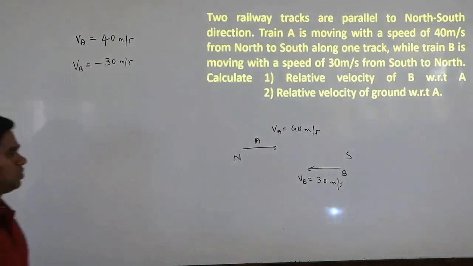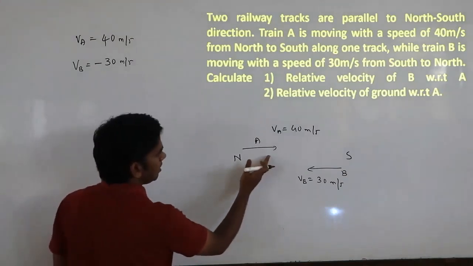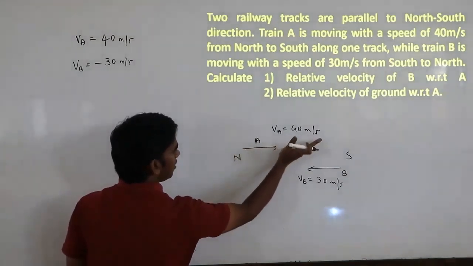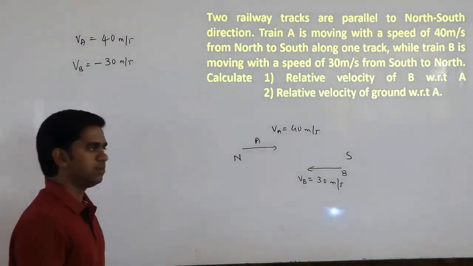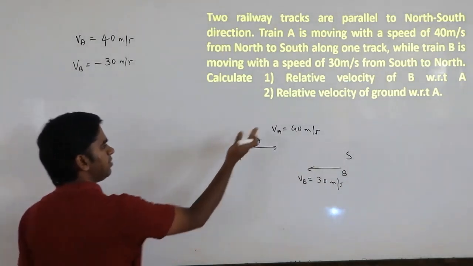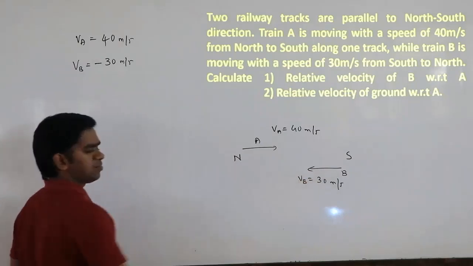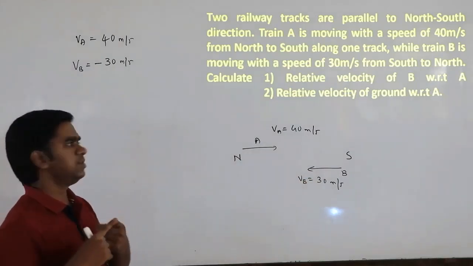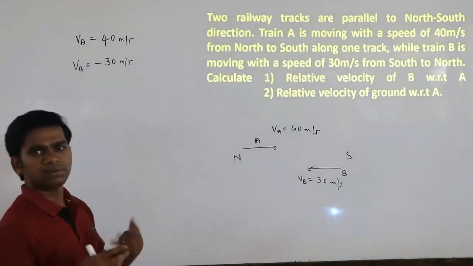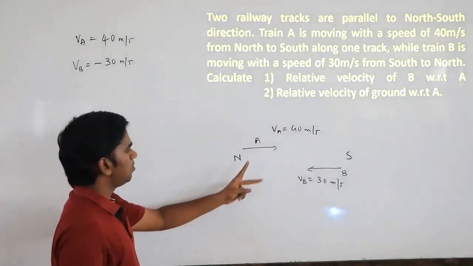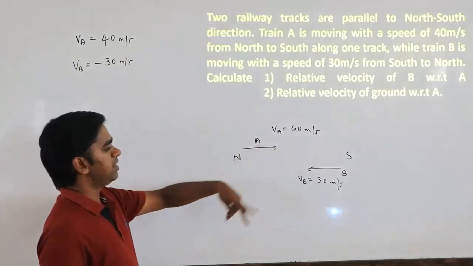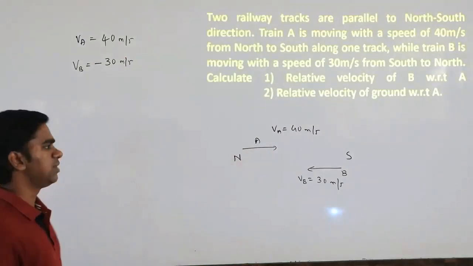If you take north to south as positive, then south to north you take as negative, or vice versa. Remember, whenever the directions are opposite, one you have to take negative, another positive.